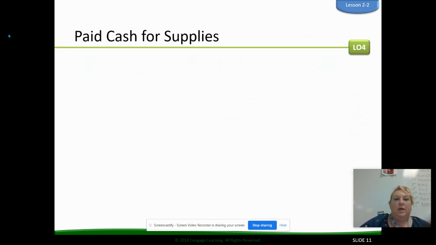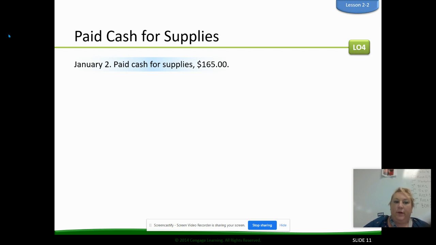That goes for everything. So I paid cash for supplies. So again, first two words, paid cash. So what happened to my cash account? It went down, because I had to pay it. So my cash is going down. But remember, my second half, I bought supplies. Supplies is also an asset.